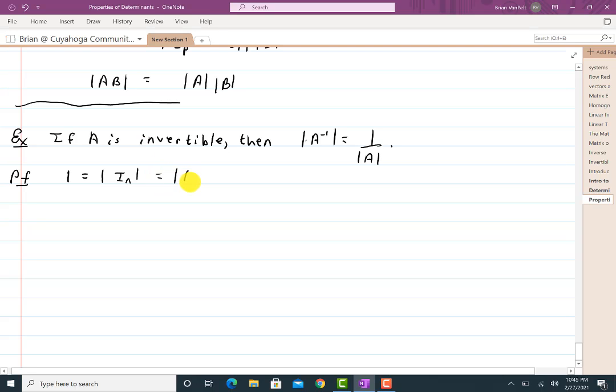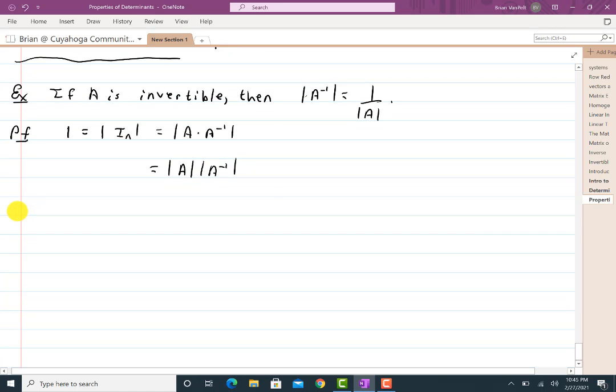Of course, we can write this as A times A inverse. A is invertible. I can now break this up. And then I can divide by whichever one I want. I can do that since the determinant of A is not equal to 0.